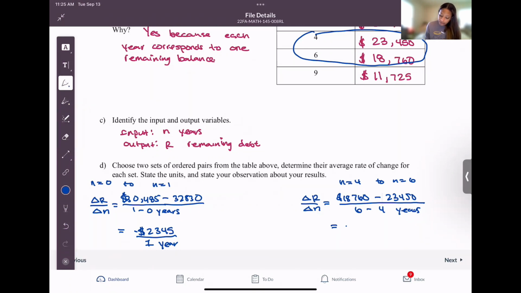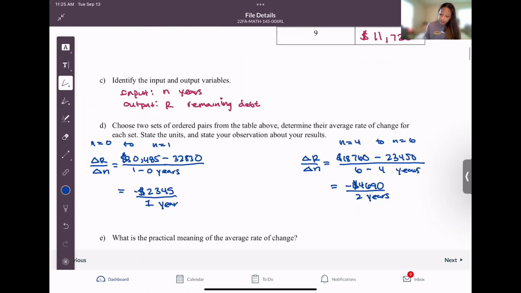That's negative $4,690 over 2 years. And if we divide this by 2, ta-da, gives us actually the same thing, negative $2,345 per year.